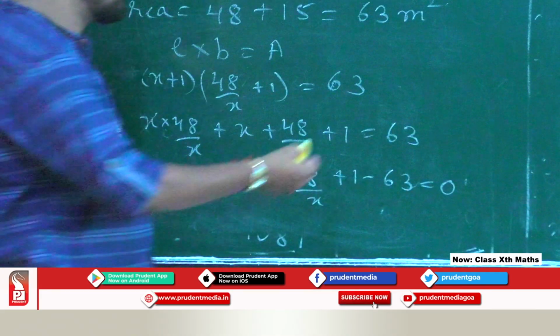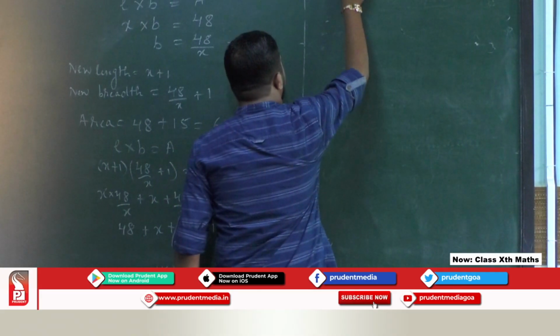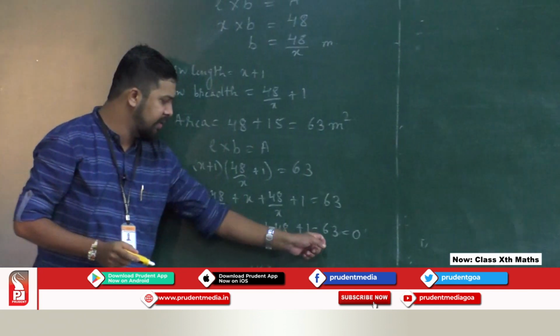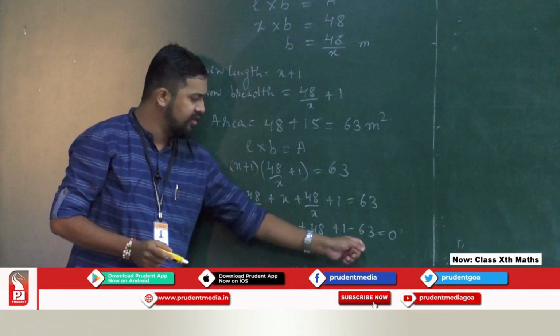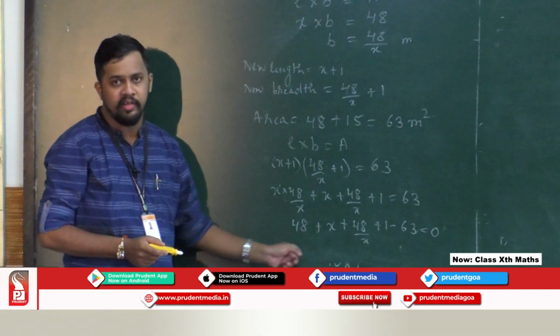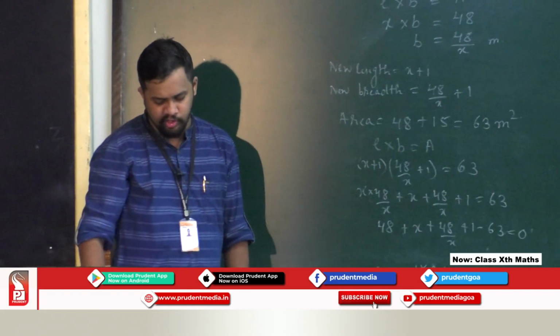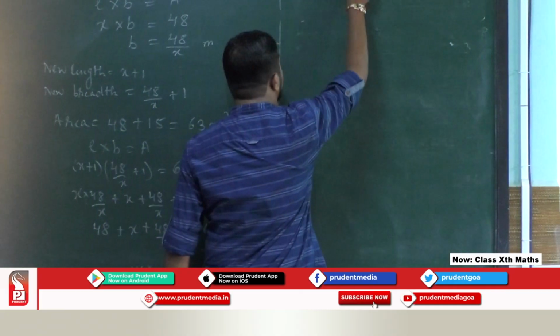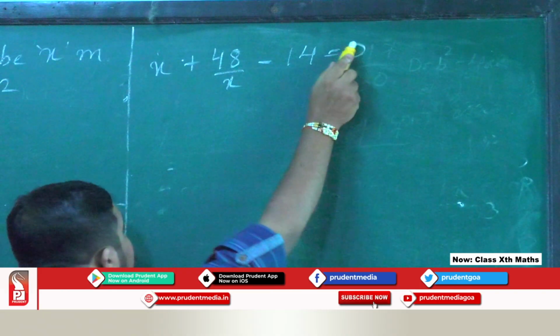So I will write this: x plus 48 by x, and directly now, 48 plus 1 minus 63 gives you negative 14. So x plus 48 by x minus 14 equal to 0.